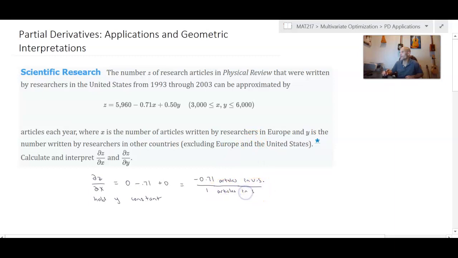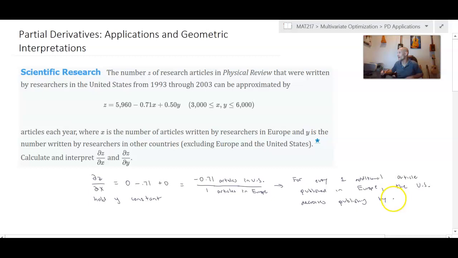So this might seem like a strange thing to try and interpret, but basically what we're saying here is that for every one additional article published in Europe, the US decreases publishing by approximately 0.71 articles.